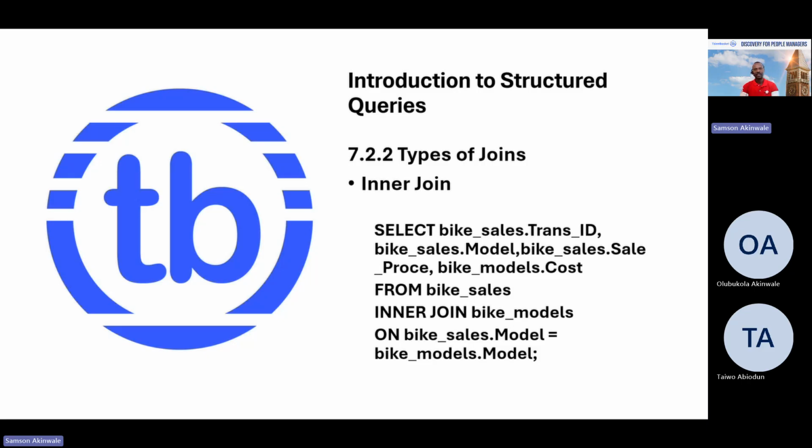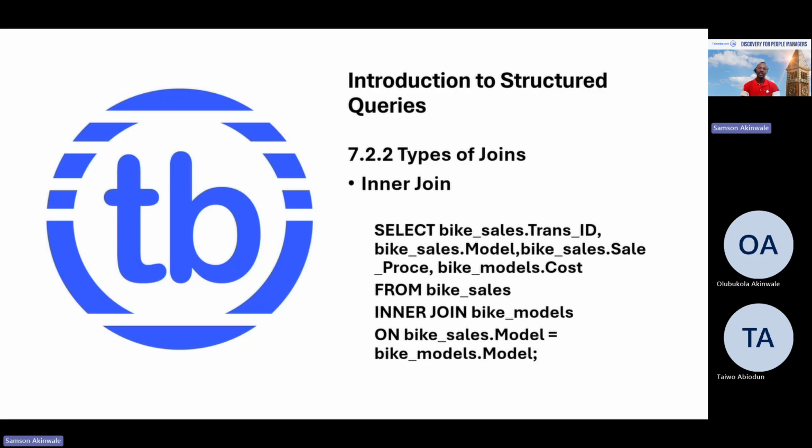Another table is telling us what are the different models those bikes are actually made of, or are made from. So when you see bike_sales, it's just the name of a table. And bike_models is also the name of another table dealing with the models of the bike. The first one is a table dealing with the sales of the bike.